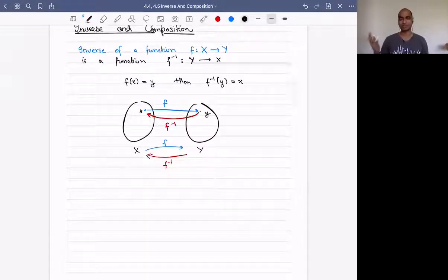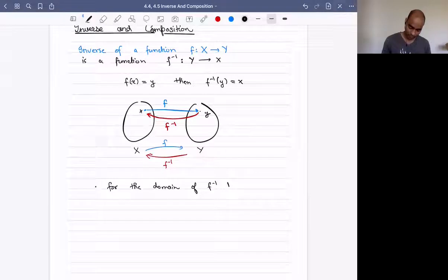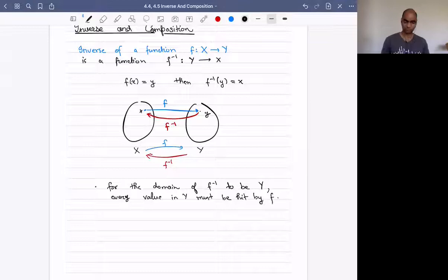Now, to make sense of this, what should happen? Firstly, everything in the target should be hit. Otherwise, I can't have f inverse defined on the target. So for the domain of f inverse to be Y, every value in Y must be hit by f. But this is exactly saying that f is onto.